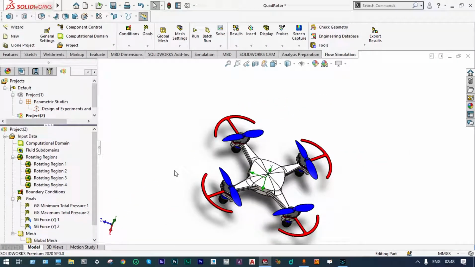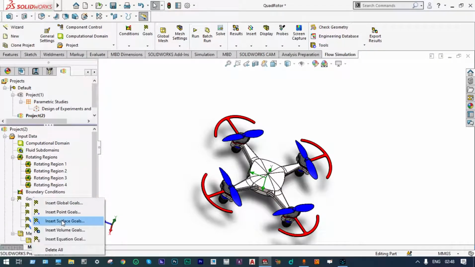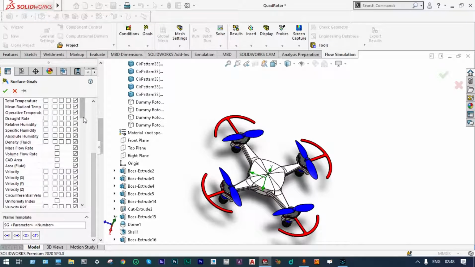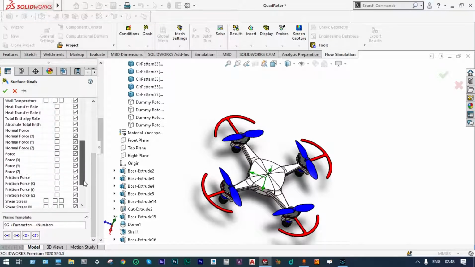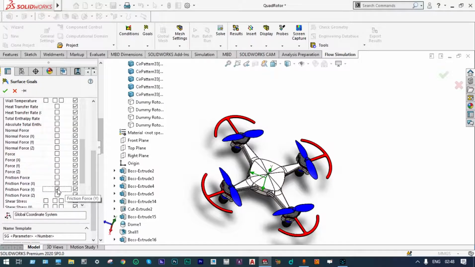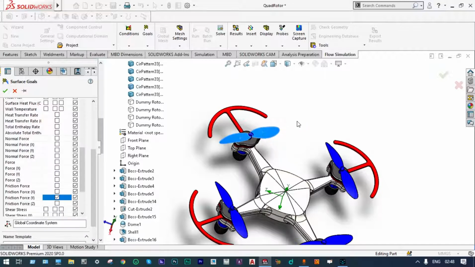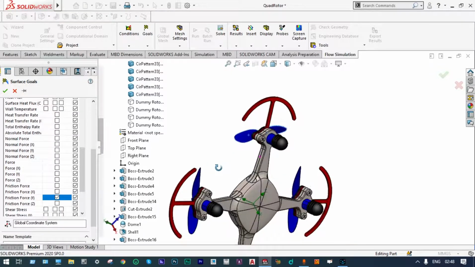Next one, two more pairs are remaining. Again, goals, insert surface goals. We want to find out the same things, that means force in y direction. Let us select the surfaces. Downward planes also required.